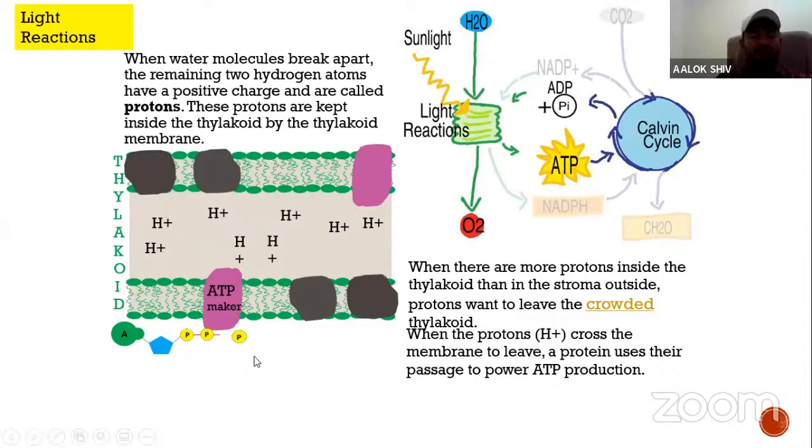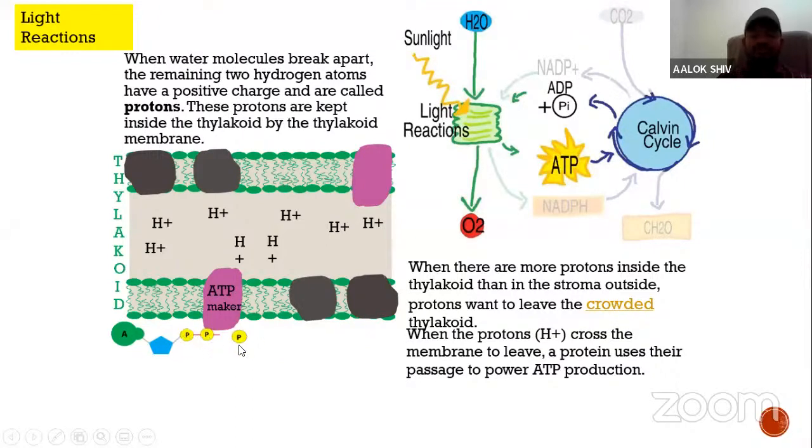You see here, this is an individual inorganic phosphate present in the cytoplasm. This ATP synthetase enzyme combines this inorganic phosphate to the ADP, adenosine diphosphate. Diphosphate because you can see here there are two phosphates.